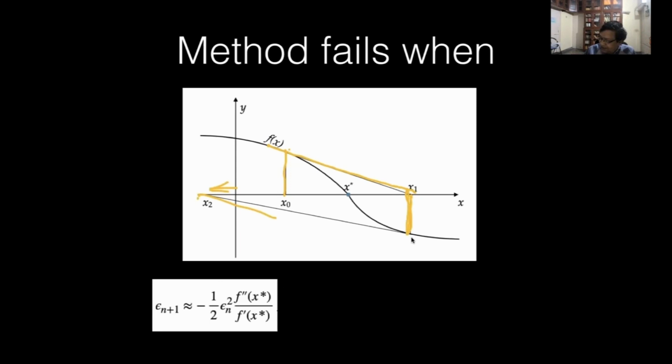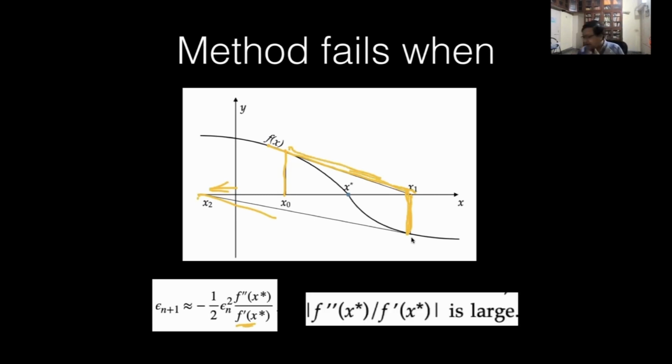This happens when f prime is small. The slope is small, then f double prime by f prime becomes quite large. If this quantity is large, then my error is not going to decrease: epsilon n plus 1 will be bigger than epsilon n.